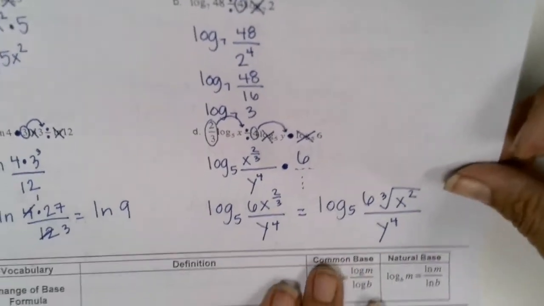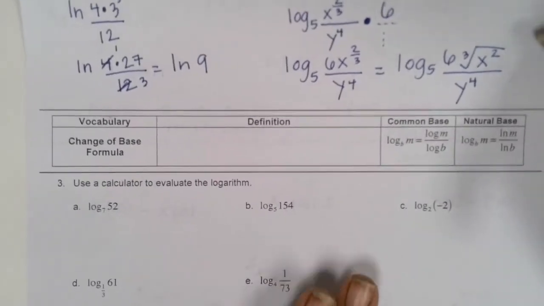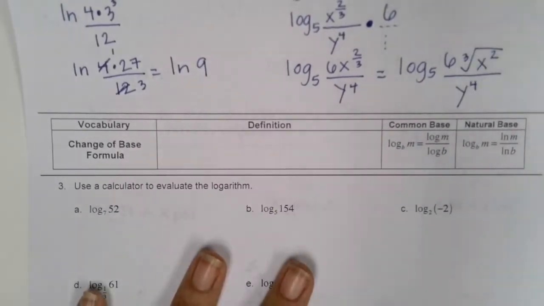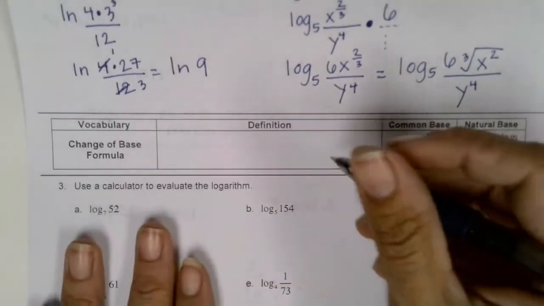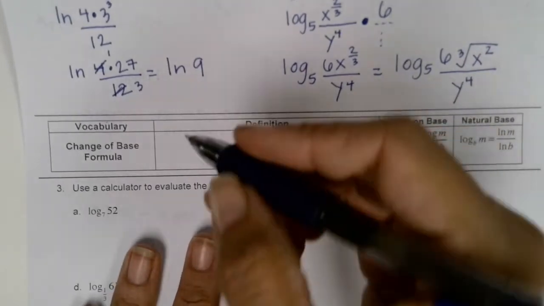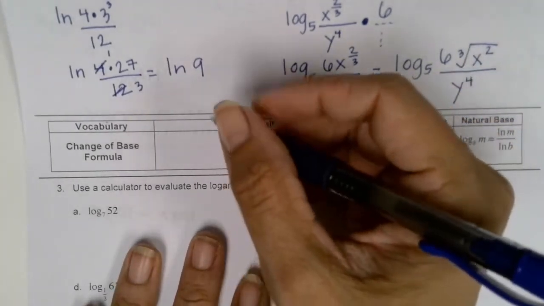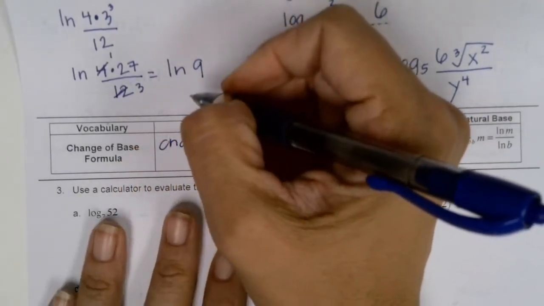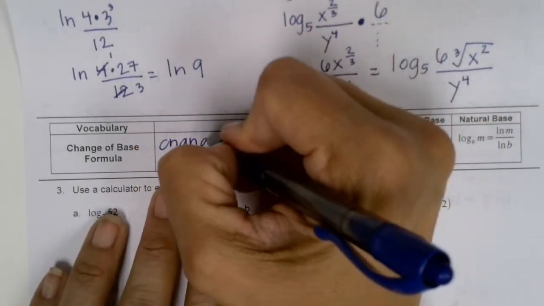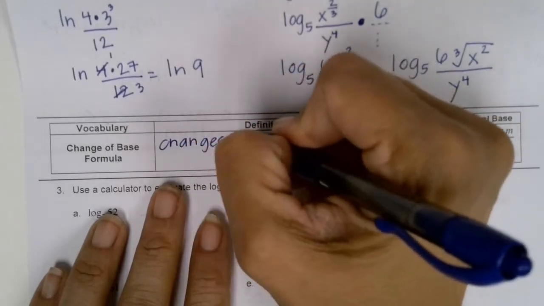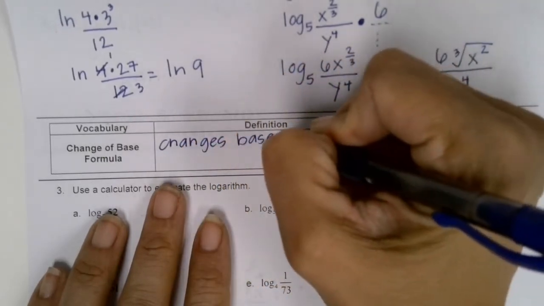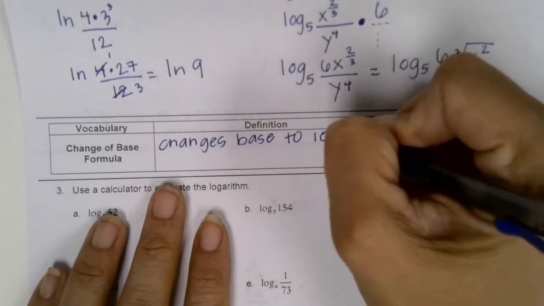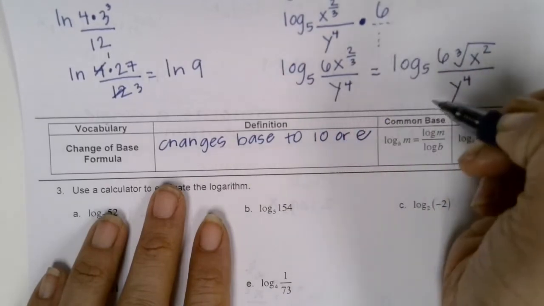Alrighty, the last property that we're going to be learning is called the change of base formula, or the change of base property. And it says that we are going to be changing our base to base 10, or you can change it to e.